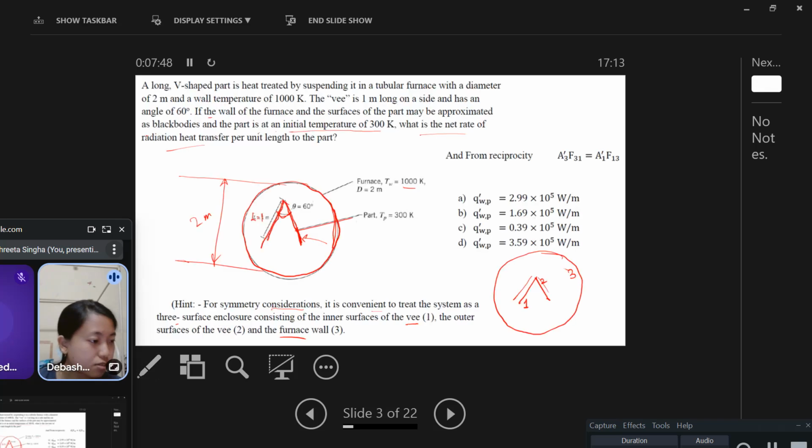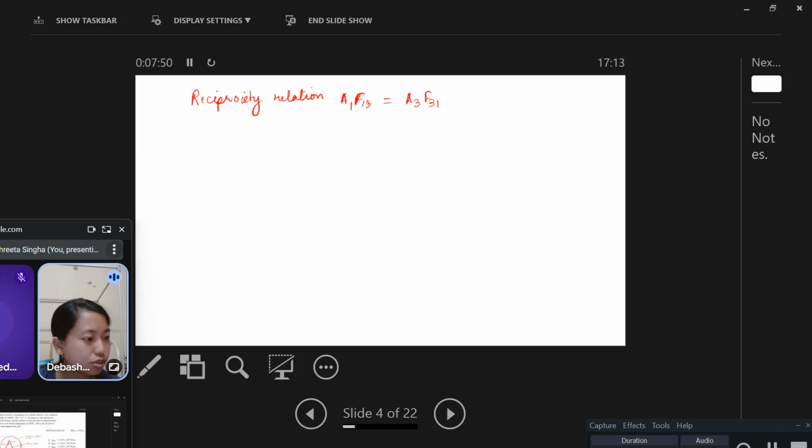So reciprocity and symmetry relation you already know, right? This is the reciprocity relation for view factor. Now here, one is the inner side, the outer side is 2, and the bigger surface is 3.